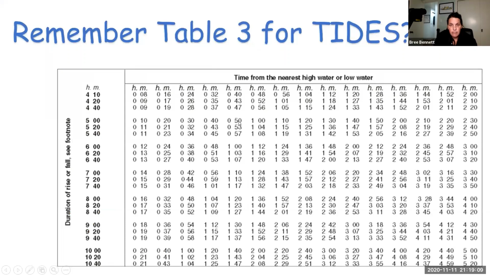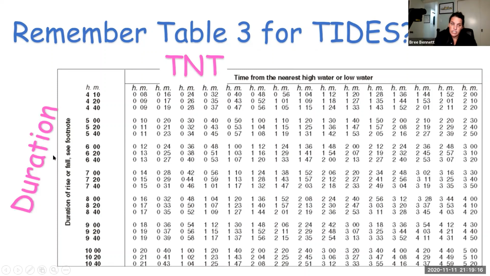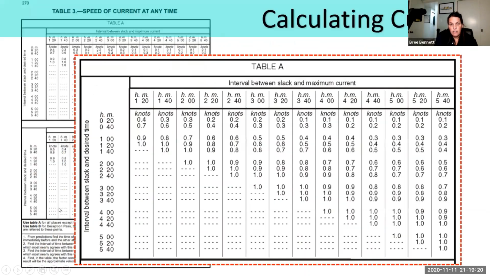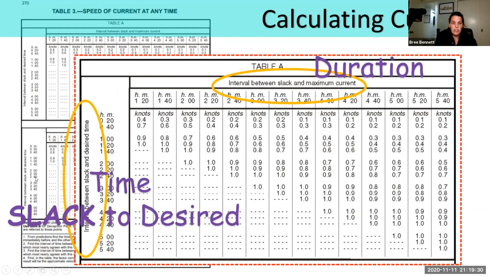So this is just reference to our table 3. We had our TNT at the top and our duration on the side. So it's kind of flipped for our table A. We have our TNT on the side and our duration on top. And this is, instead of TNT, it's time to the slack. Slack to our desired time.